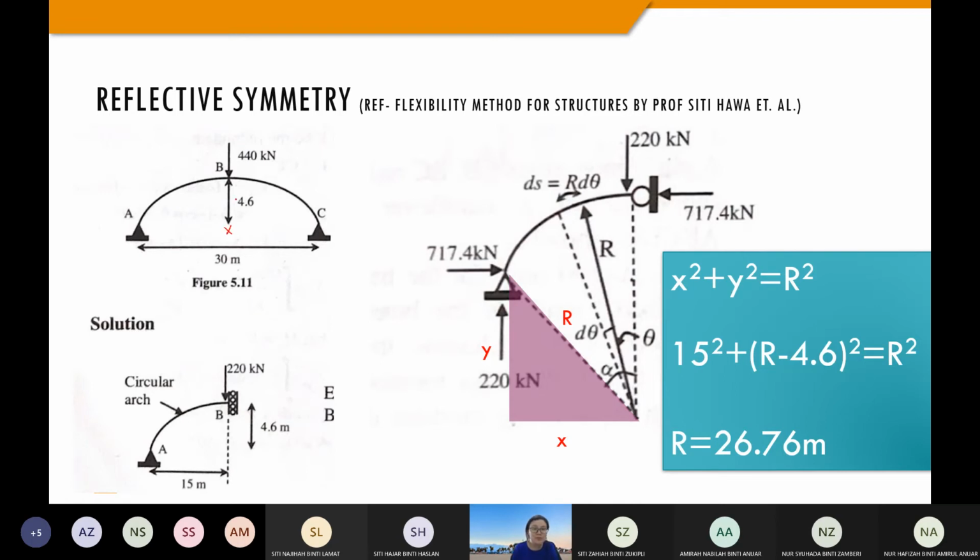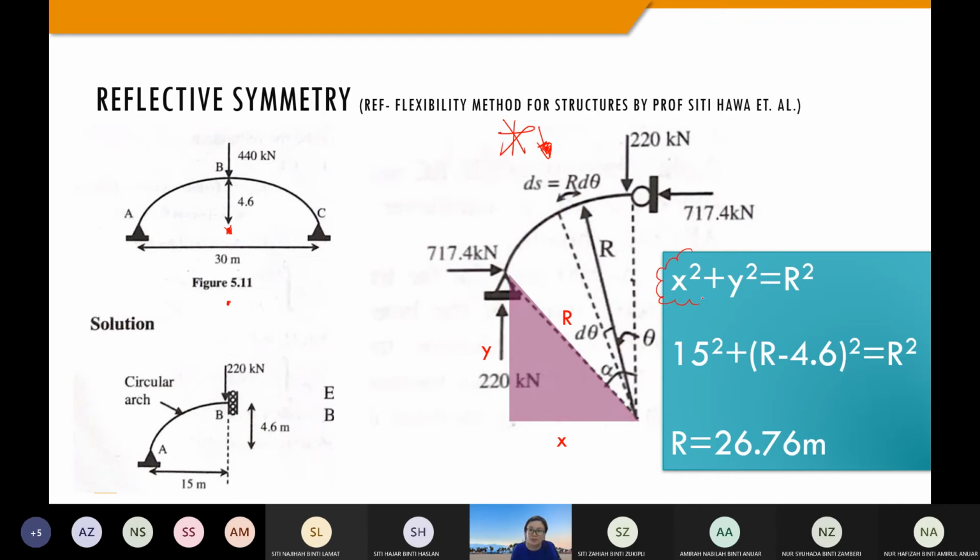Okay, by observation you will know that the center of the circle will not be at this x. Okay, so it might be some way down here that we do not know where, and we need to find it.